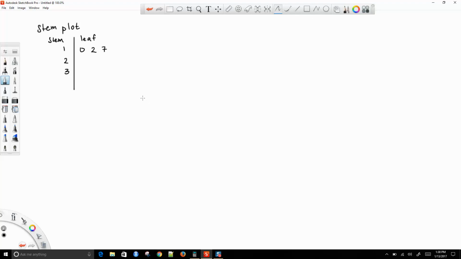Here we see this 1 and we see this 0, and the 1 with the bar and 0 represents the number 10. And then the 2 represents the number 12. So this first row represents the values 10, 12, 17.